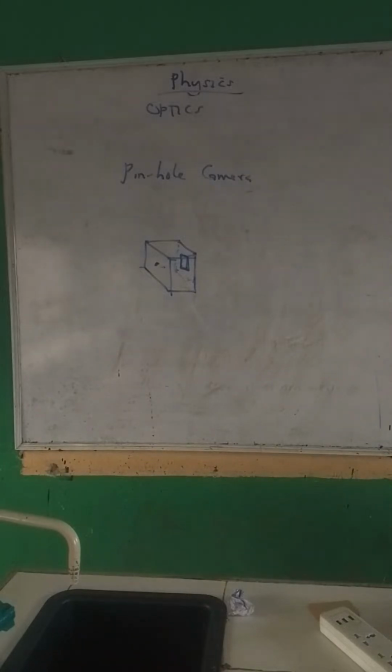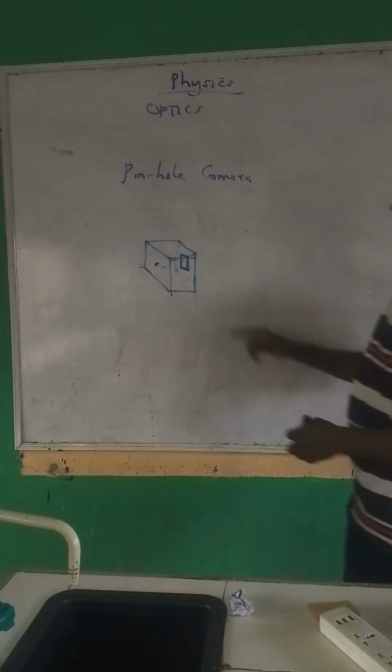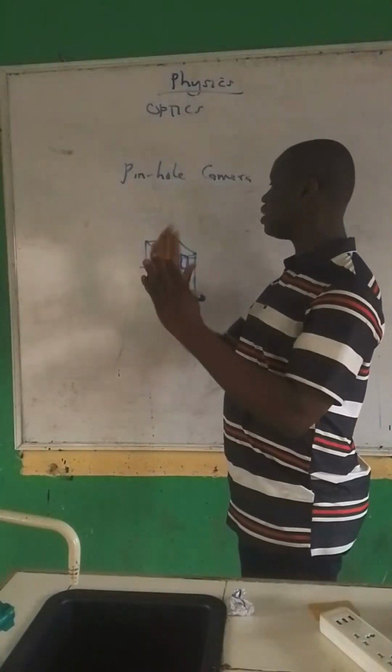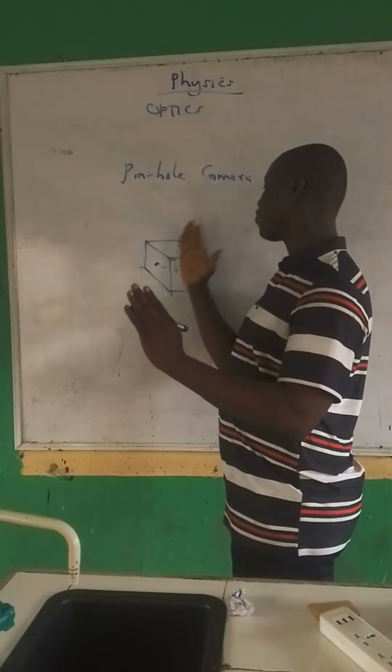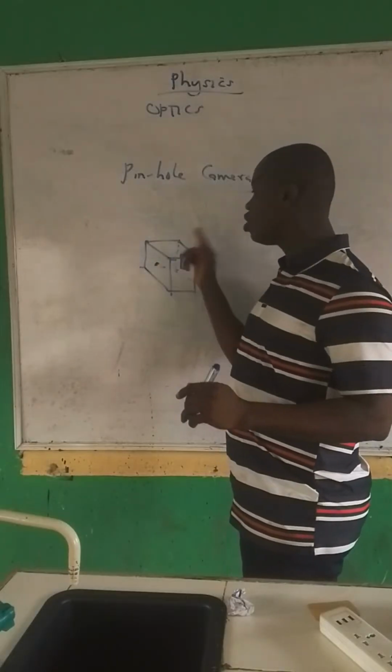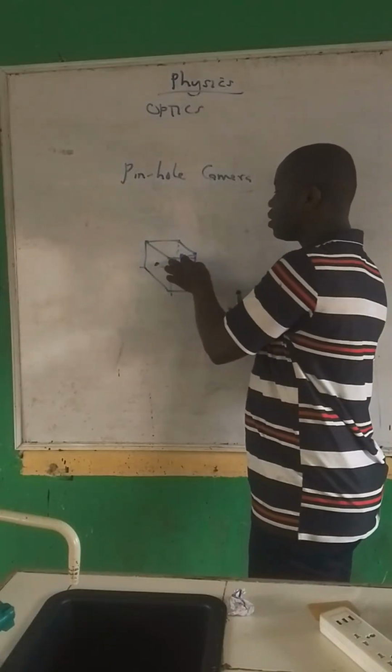So it's as simple as that. The pinhole is just at one face, and the face opposite where the pinhole is has a photographic film.